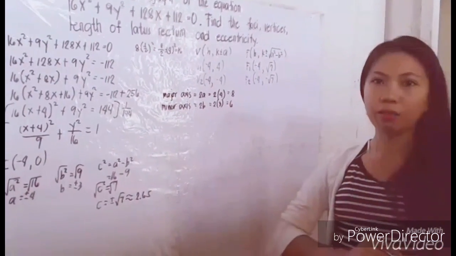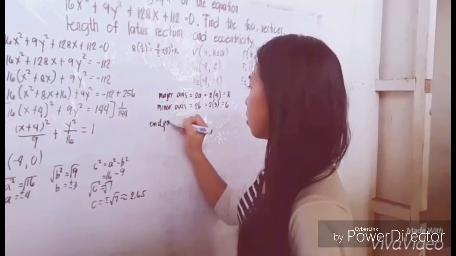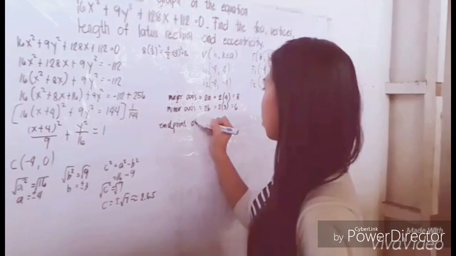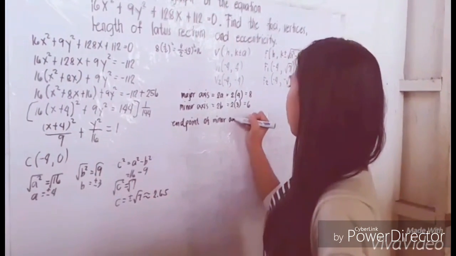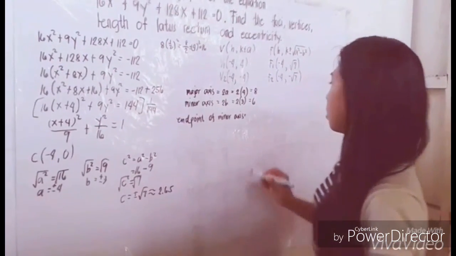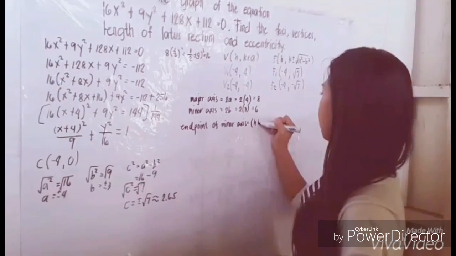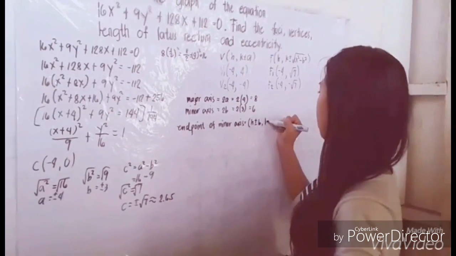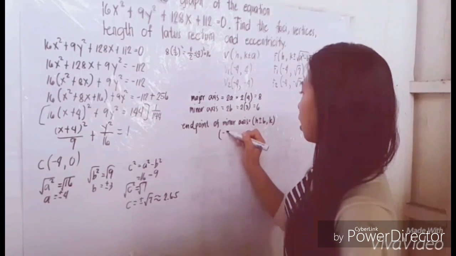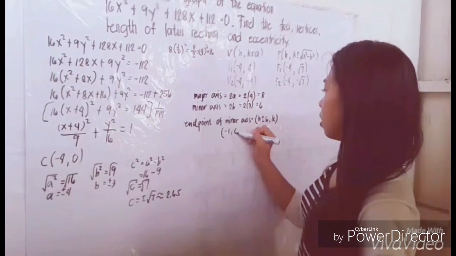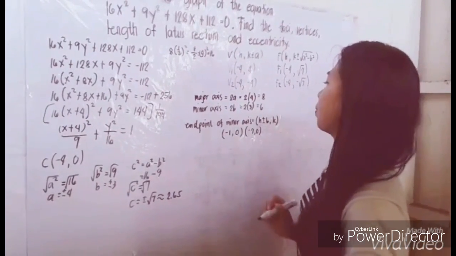So now we can have our endpoints of the minor axis, which are h plus and minus b, k. So it becomes negative 1, 0, and negative 7, 0.